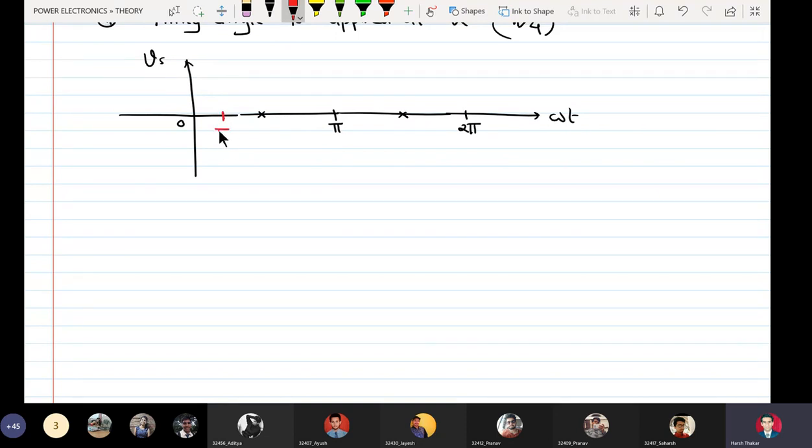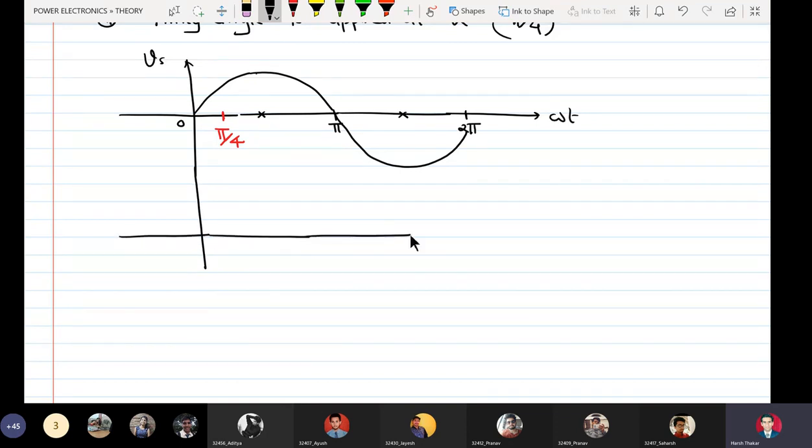Okay, so this is pi by 4. Now the firing pulse is being applied at pi by 4 radians.